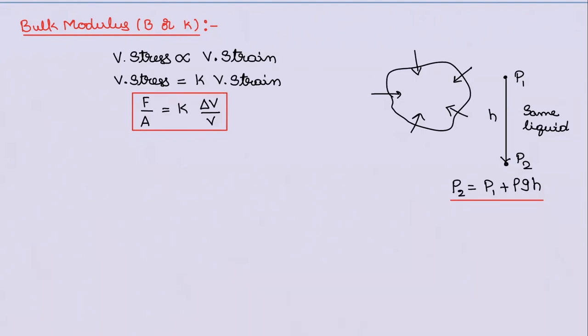A small topic we need to explain is compressibility. How much it is compressible, that's the meaning of it. Compressibility is 1 by bulk modulus. That's it. This is not a big topic.